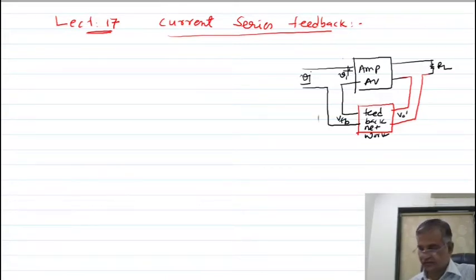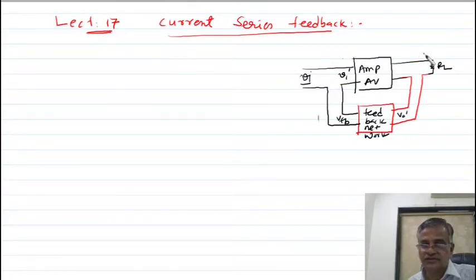Now look here. This feedback depends upon the current passing to the output section. Already we know that when feedback is proportional to the output current, then it is called current feedback.